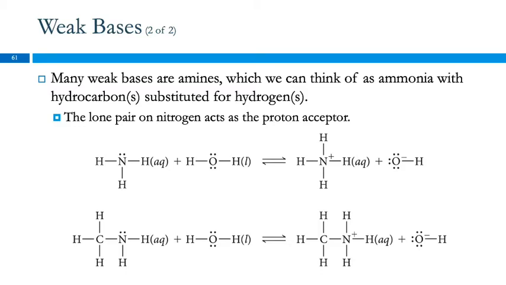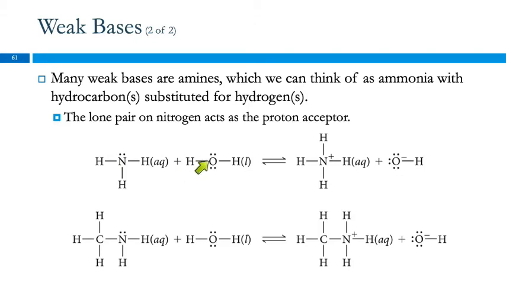So that's fine. Weak bases, many of these are amines. And so here we've got it all drawn out so it's easier to see. So here's ammonia. The nitrogen has a lone pair, and there's 3 hydrogens here. And so it can take a hydrogen ion from the water molecule. This hydrogen ion, H+, doesn't have any electrons.